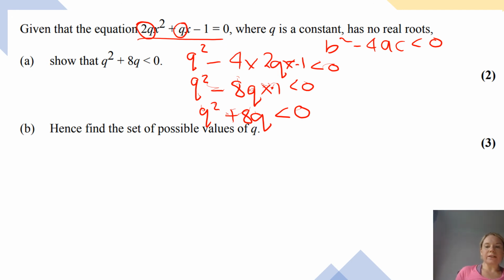If you're finding the set of possible values, then you are going to be solving it. So q squared plus 8q is less than 0, and if you factorize this one out, you end up with this.